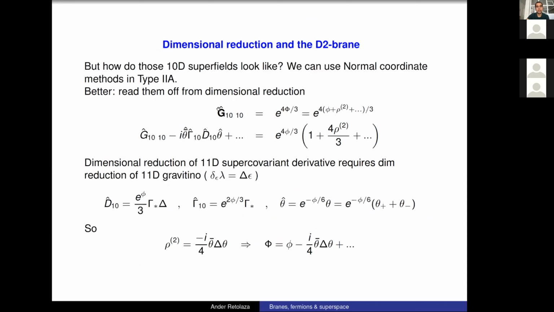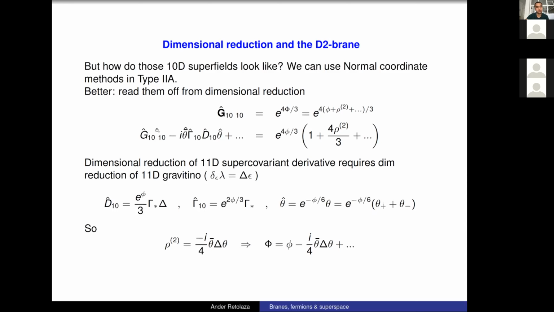For example, I said that the 10-10 component of the 11-dimensional metric is going to be this exponential of the dilaton. This is a statement that holds at the superfield level, and now I'm going to make a Taylor expansion in fermionic orders. The dilaton is the bosonic dilaton plus a fermionic expansion, and I'm interested in the term that has a fermion bilinear. Let me make a Taylor expansion on both sides.